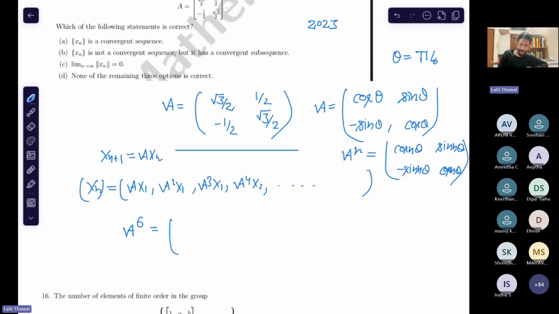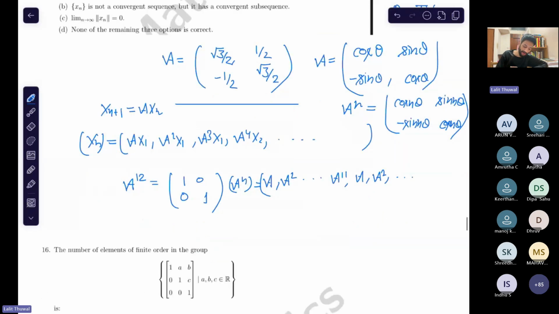Cos pi, sin pi, but cos pi is minus 1, so it is not I. I think 12 is the least. So when you have A to the power 12 equal to the identity, this sequence A square, A to the power n looks like this, repeated cyclically. Do you understand this? Okay, good.